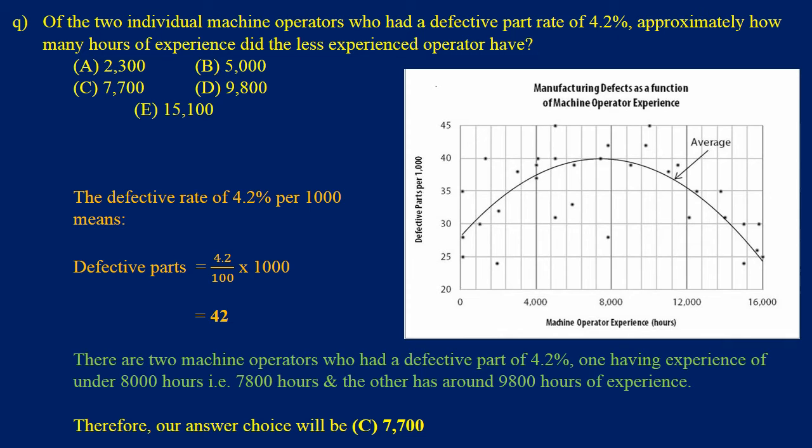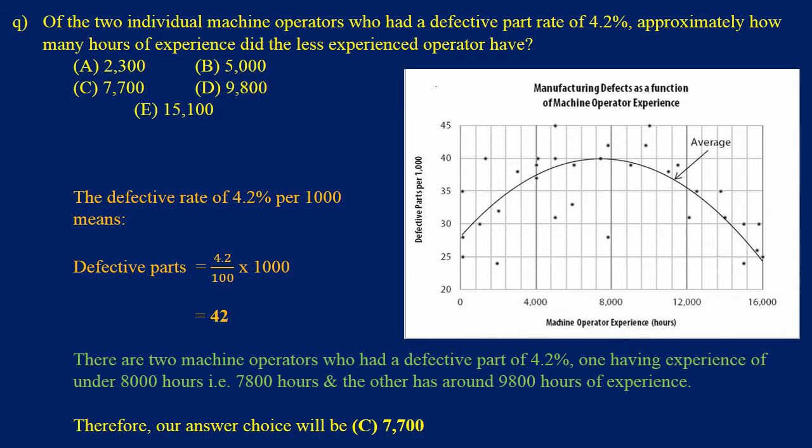So basically we have two parts in this question. The first part is asking us for the defective part rate of 4.2%. And since we've been given defective parts per 1000, 4.2% of 1000 is going to be 42, right? Very simple. Now there are two machine operators who had a defective part rate of 4.2%.